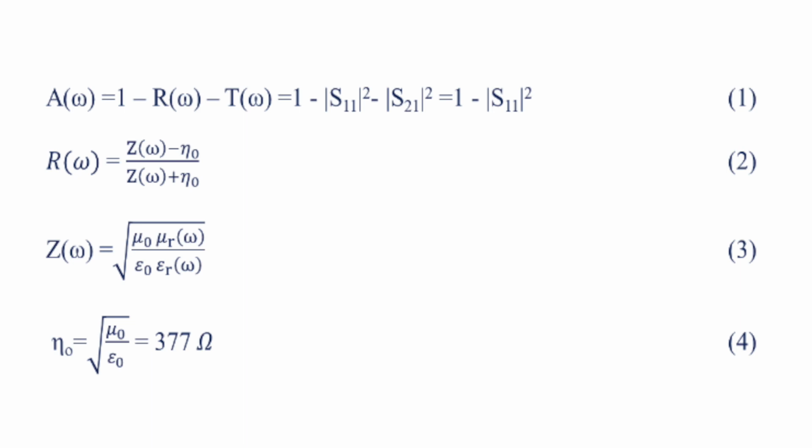So, the purpose of this absorber is to absorb the incoming signal. As we know that if any signal is coming on the particular structure, then either it will be reflected or it will be transmitted to another medium, but here we want the signal should be absorbed. As it is given in the formula also, if we want A maximum, then R and T should be minimum.